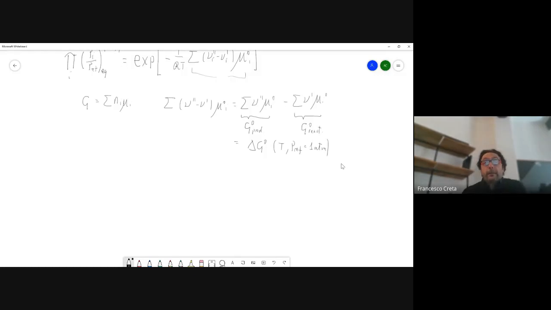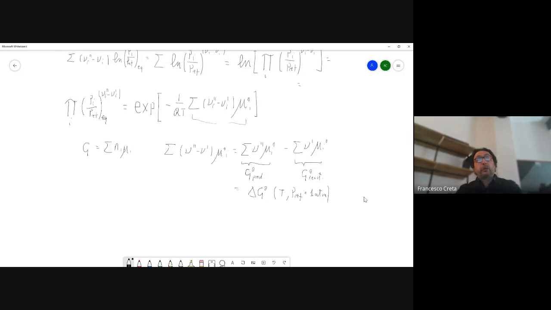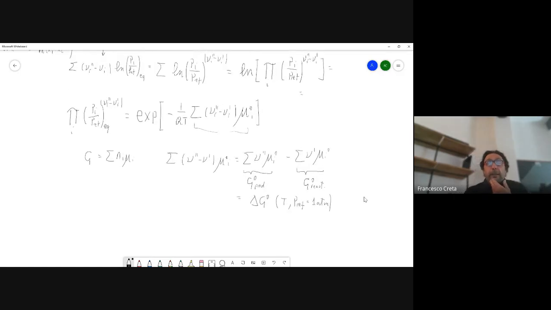Okay, so the fact that it appears here is no surprise, because it will essentially play a very important role in the determination of the equilibrium point. So let's rewrite, okay, the above equation. So we have the product of the partial pressures, okay, to this exponent.